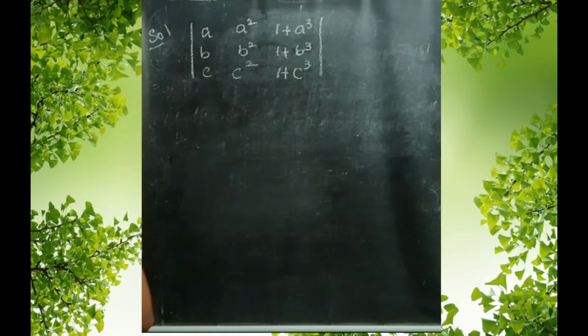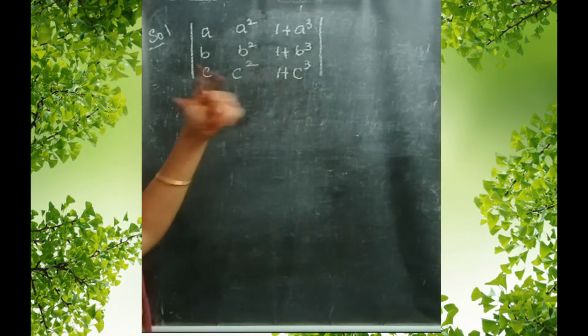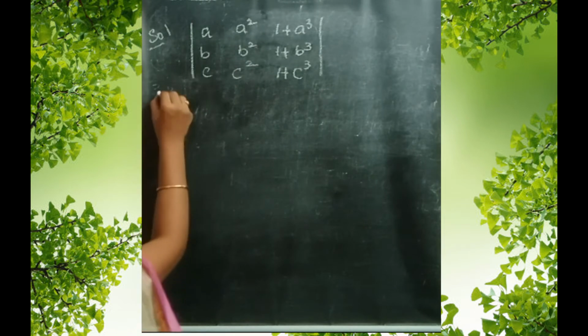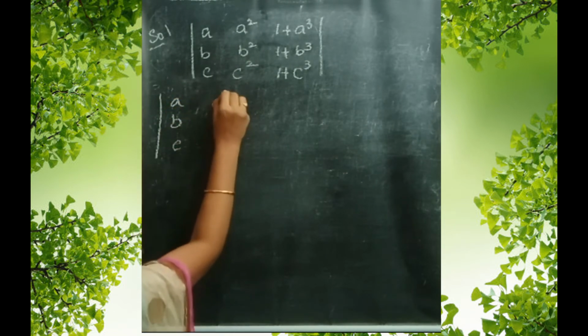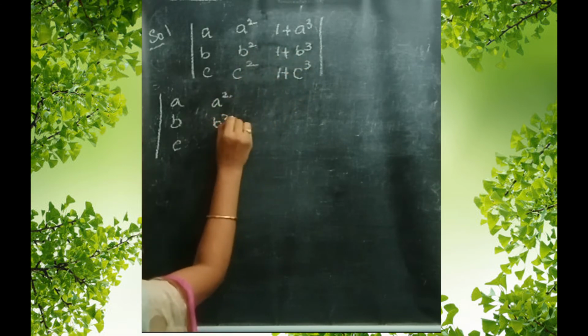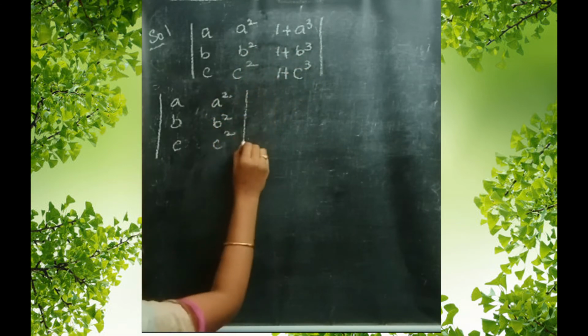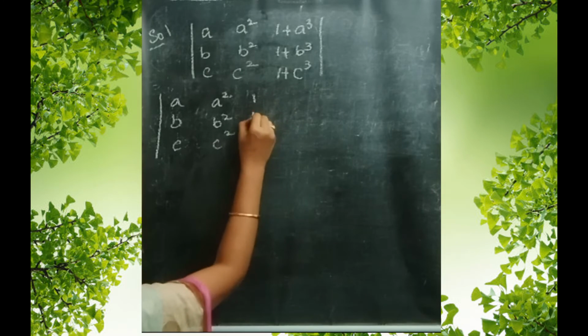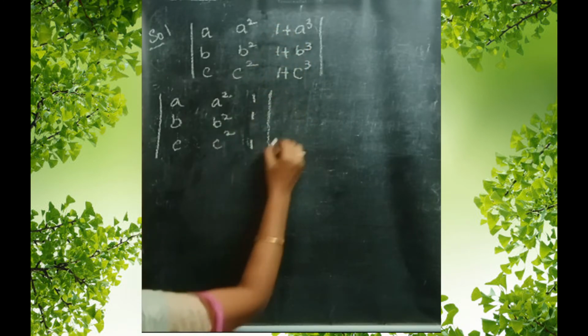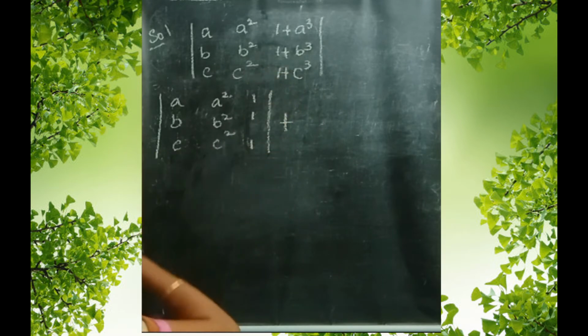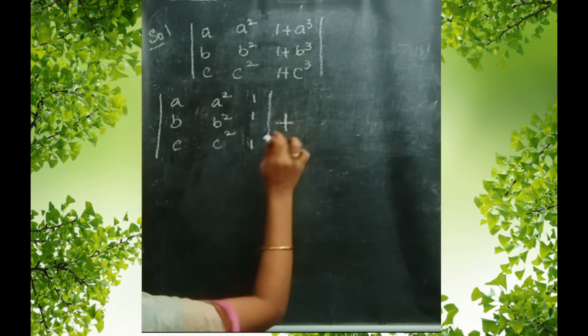The 1 plus A cube term you can convert like this. There is a property whenever you see it like this. Write the first matrix with columns A, A square, 1 and so on, and close it with the matrix bracket, plus the second determinant.